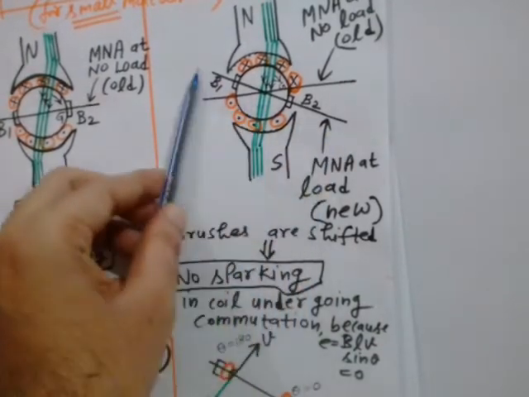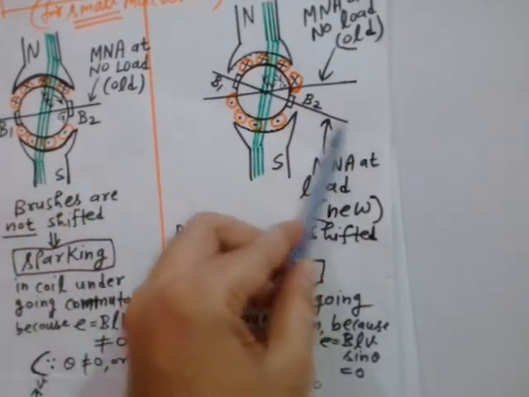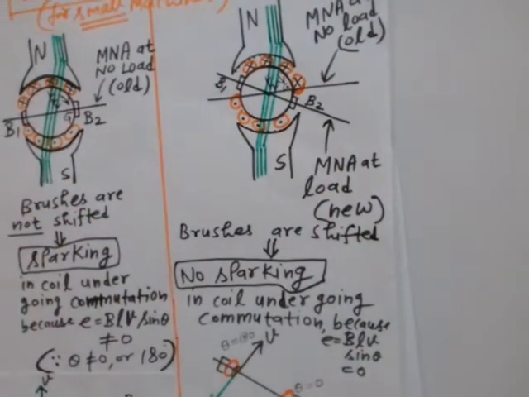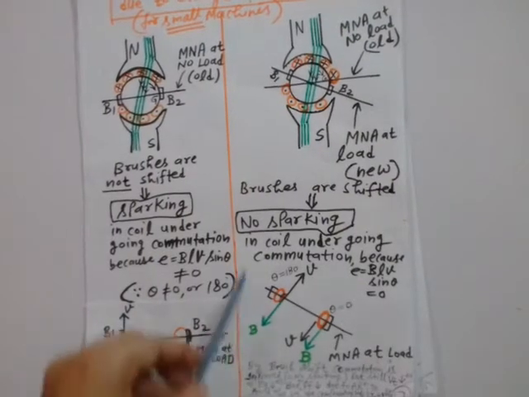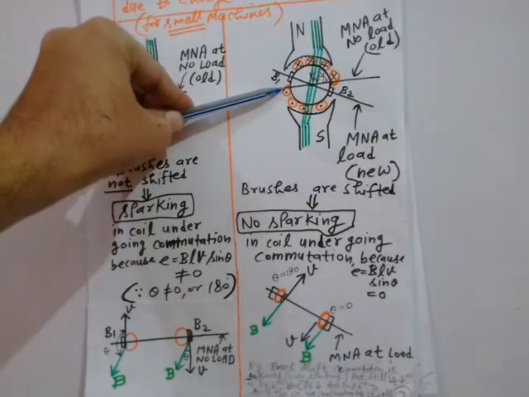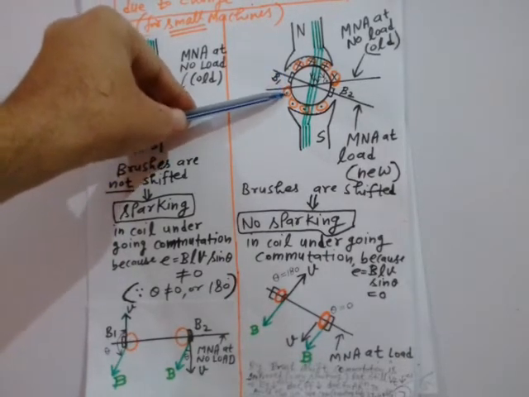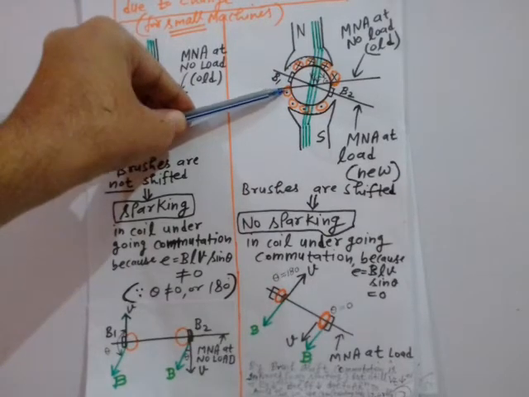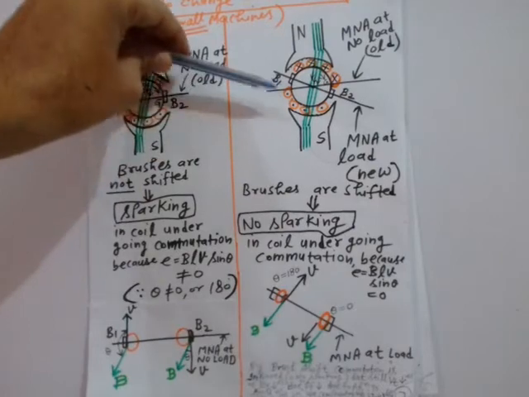When you shift these brushes to the new magnetically neutral axis, see how sparking can be avoided. If you analyze this particular coil which is just nearby this brush B1, tell me, what is the peripheral velocity for this coil?